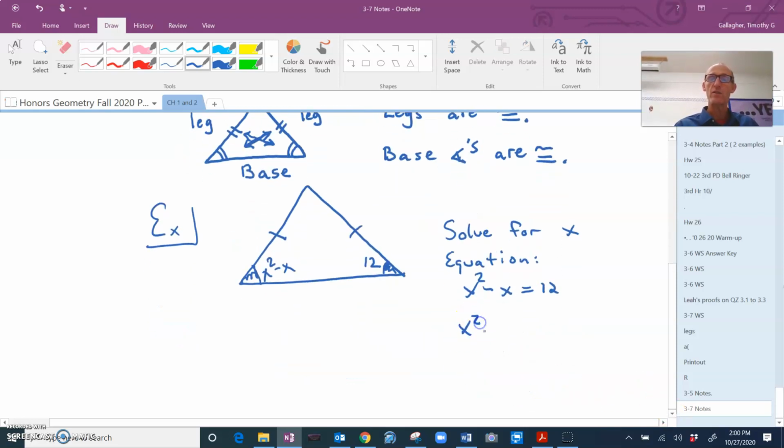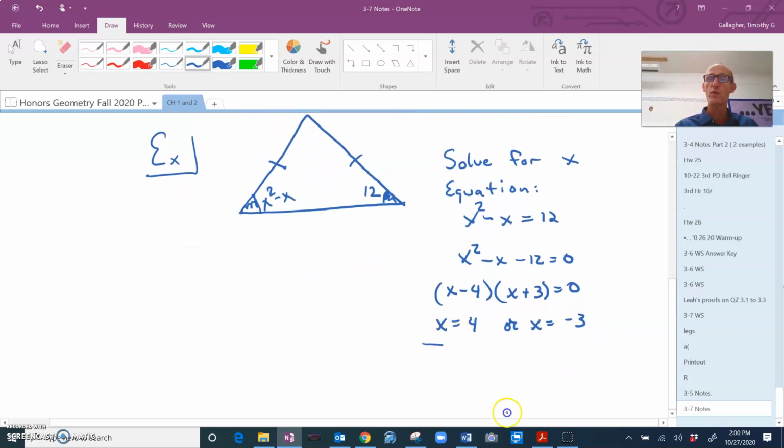x squared minus x minus 12 equals 0. Factoring this gives us x minus 4 times x plus 3. So here x equals 4 or x equals negative 3.